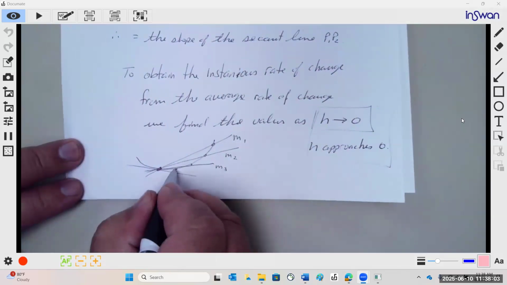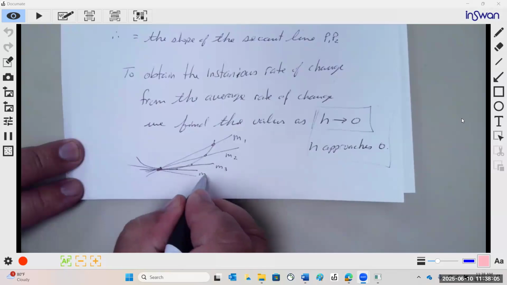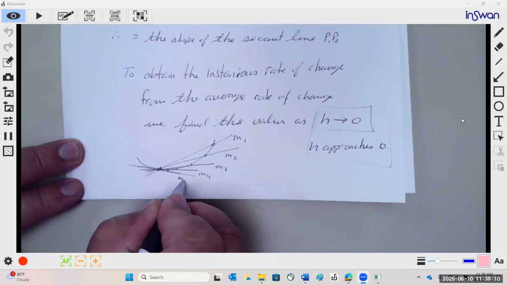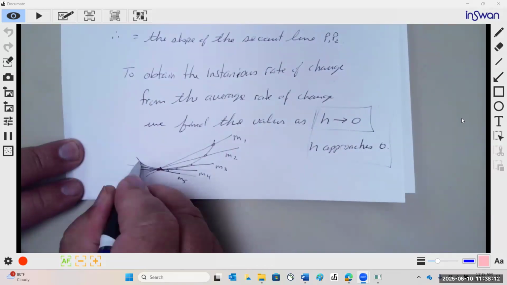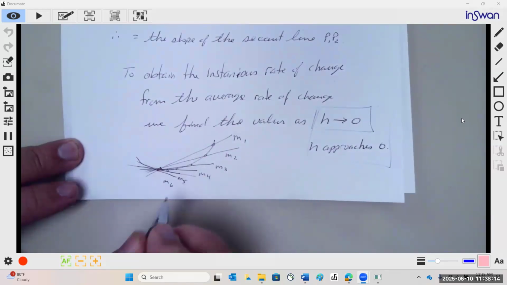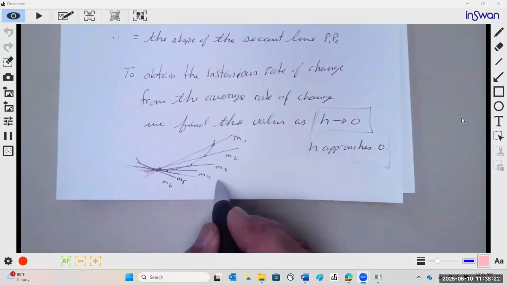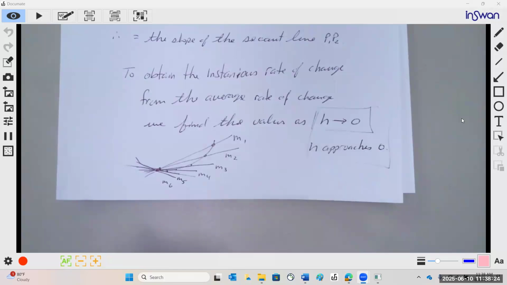And then even closer, and even closer. Because even though we may not get the actual value, we're getting to a value that's approaching the true value.